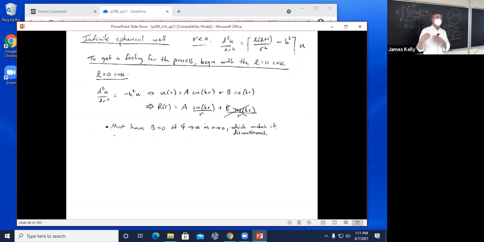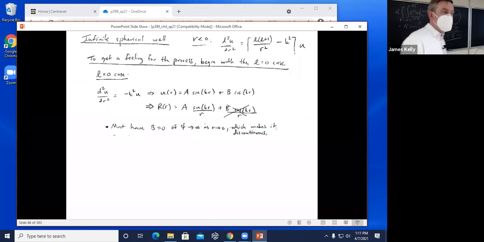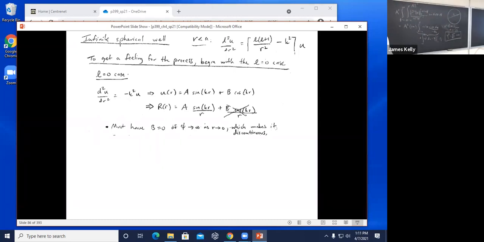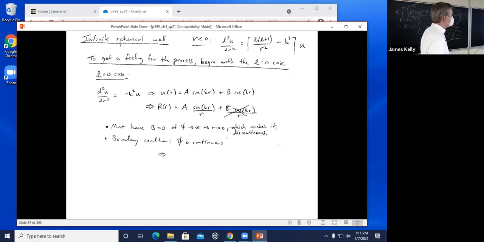And so that function is not going to be continuous. And one of our basic things is that psi's always got to be continuous, at least for the kinds of potentials we agreed to restrict it to. So in this case, this would be a discontinuous solution. So sticking with only the continuous solutions, we can throw away the cosine kind of term.